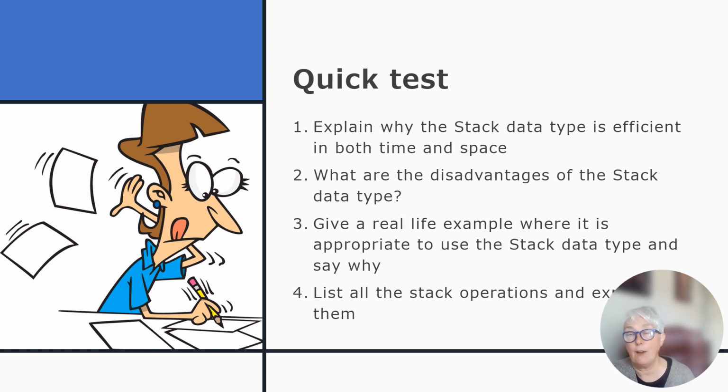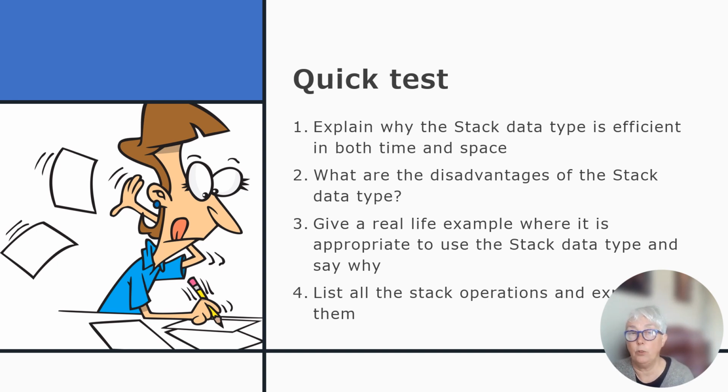Explain what the disadvantages of the stack are, and give a real life example where you might use the stack, and say why you might choose to use the stack in that case. And list all the stack operations. It's not going to be a very long list, is it? List all the stack operations and just write a short sentence saying what each of those operations means.